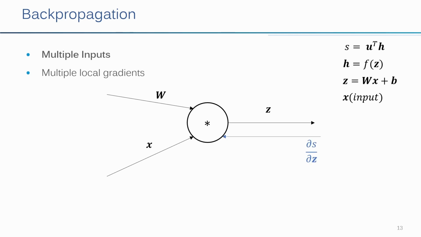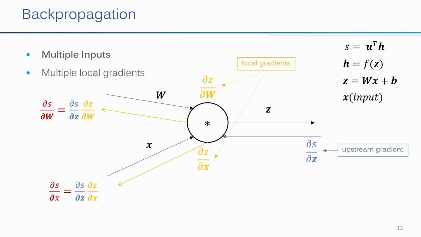Our upstream gradient will be multiplied by two different local ones: the derivative of z with respect to our weights w, and the derivative of z with respect to our inputs, in our case x. When we calculate the downstream, we're receiving the same upstream gradient, but when we get to this multiplication node, we'll see that we have specific local gradients, right? And we'll see this later on in the example.